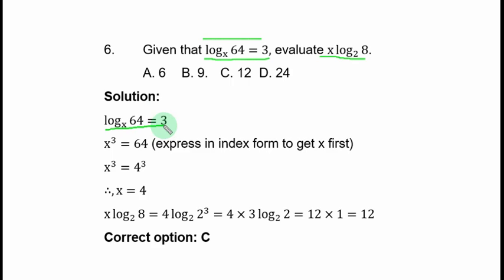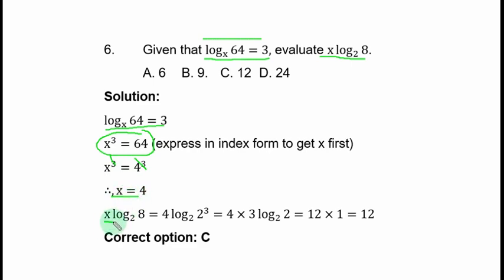If you convert it to index form, you have this result: s cubed equal to 64. We cannot get the same base, but you can get the same power by expressing 64 as 4 cubed.